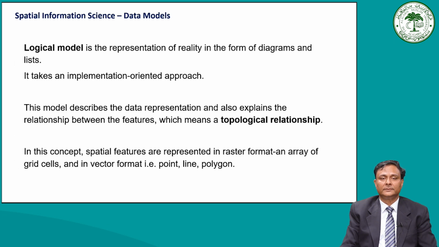Now, just to give a fair idea of different kinds of spatial data models, one is known as a logical data model, which expresses the meaning and context of a conceptual data model and adds to that detail about database structures. A logical data model is the most used data model.